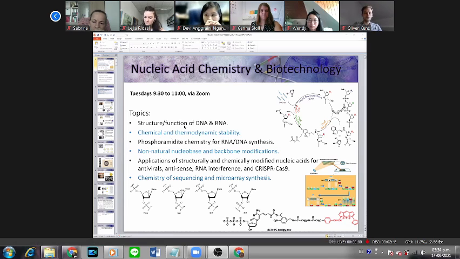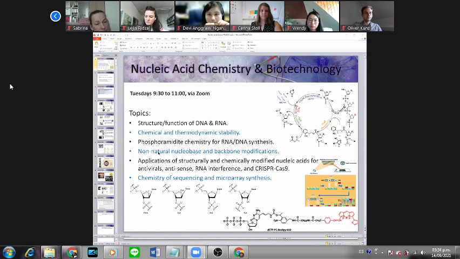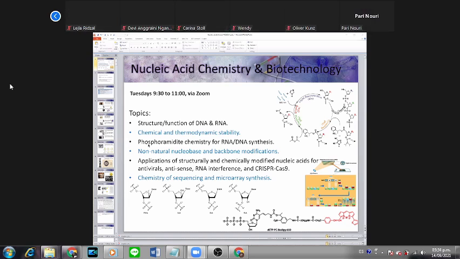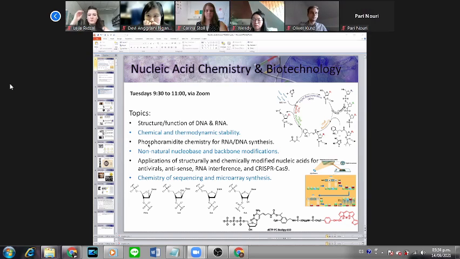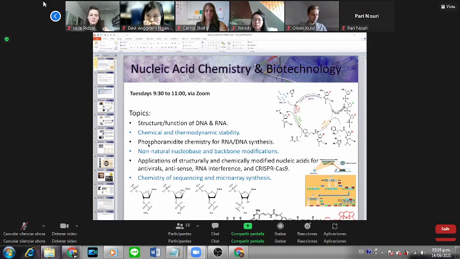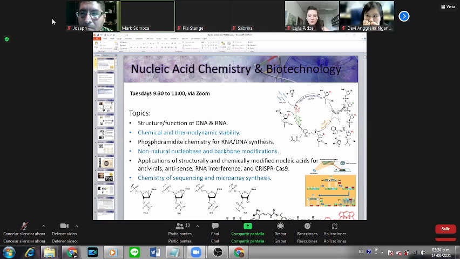And then we'll go on to talk about the structure and function of DNA, so the double helix, the details about that, why it forms a double helix, the physical basis for the stability of the double helix. For both DNA and RNA, they have somewhat different structures. I'll also talk about the chemical stability, so why RNA, for example, is less stable than DNA.